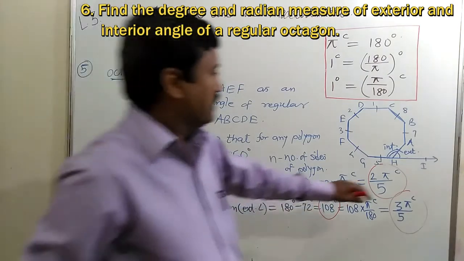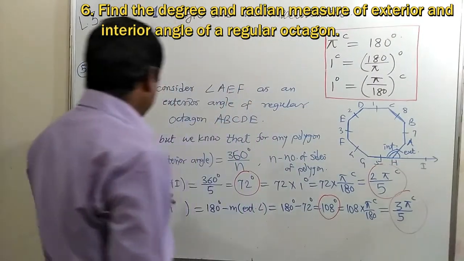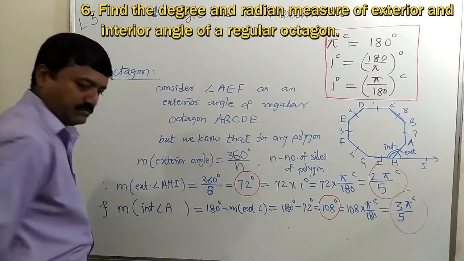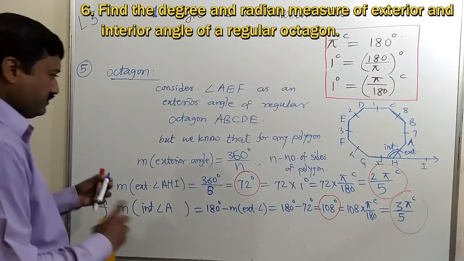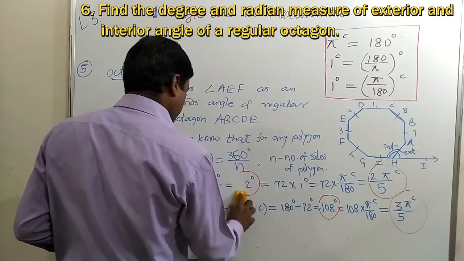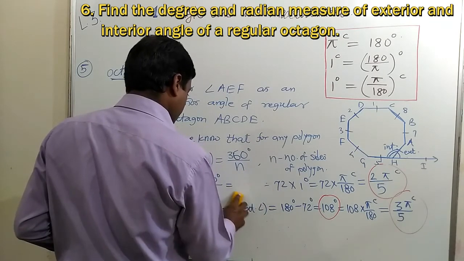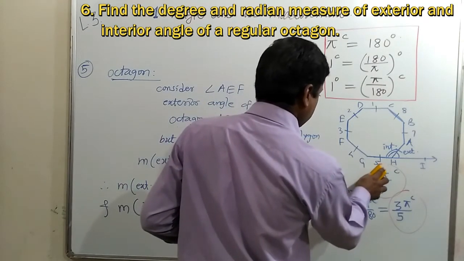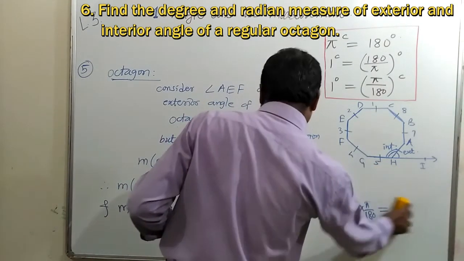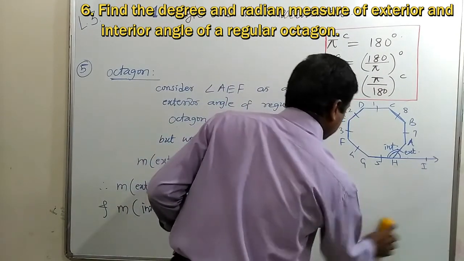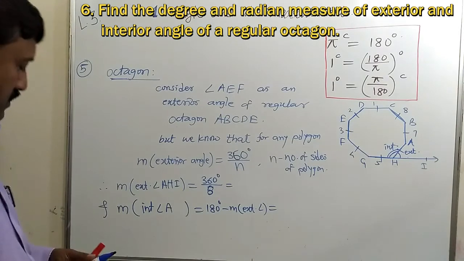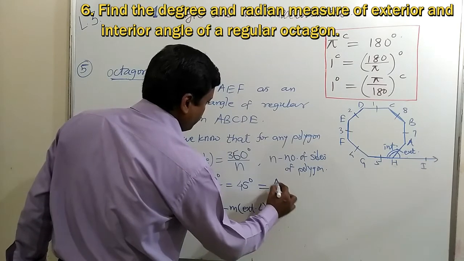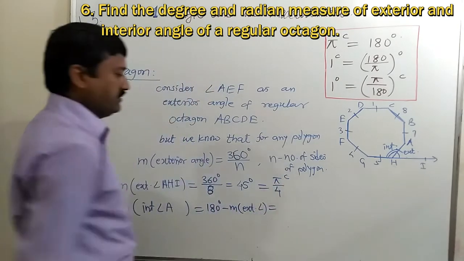So exterior angle AHI is equal to 360 upon 8, that is equal to 45 degree. 45 degree is nothing but pi by 4 radian.